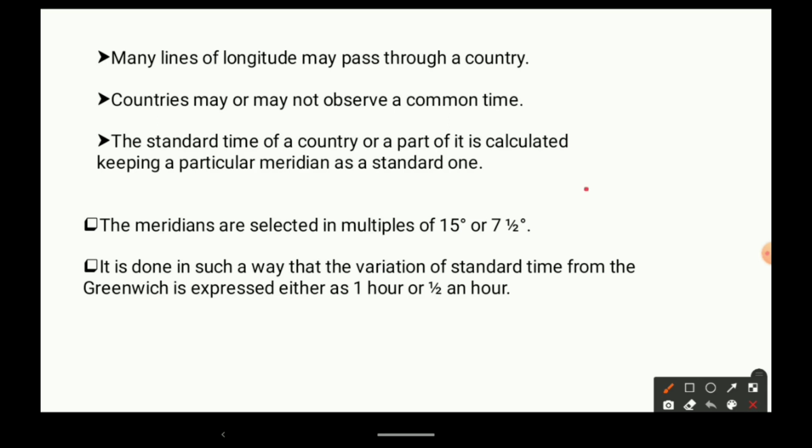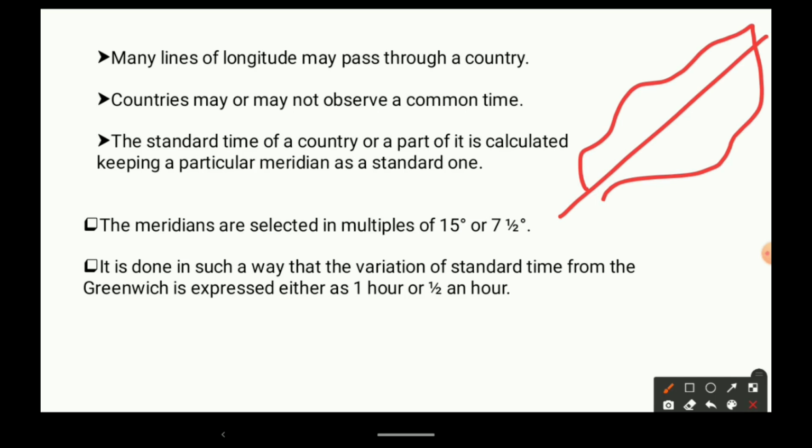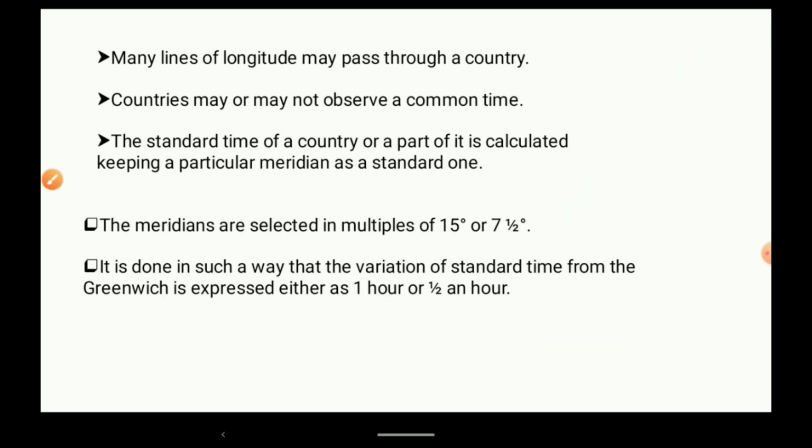A country like Russia has a vast east-west extension. If we take India, there are 29 meridians or longitudes passing through our country. It is not logical to have 29 local times, right? That's why we are taking a particular meridian to calculate our standard time.